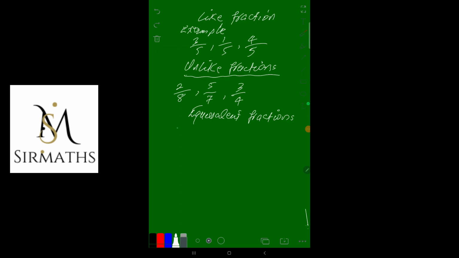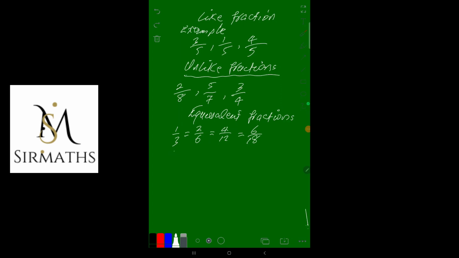For example, 1 over 3 is equal to 2 over 6, and this is equal to 4 over 12. This is equal to 6 over 18. When you simplify these to the lowest term, you discover they are all equal.